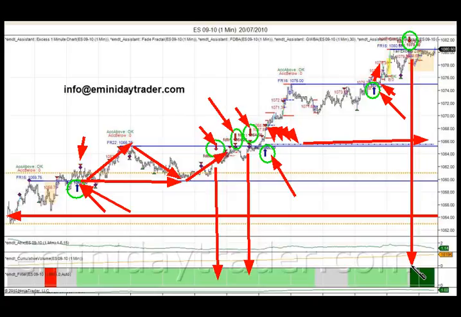It should find some support there. If it doesn't, then it could easily dip down another 6 points or so. So that's really what we're looking at as far as support goes. And then the other areas are 86.93 and 1110 on the upside.